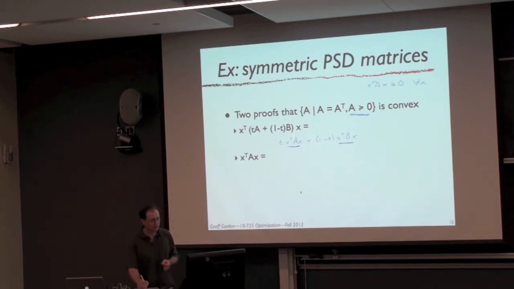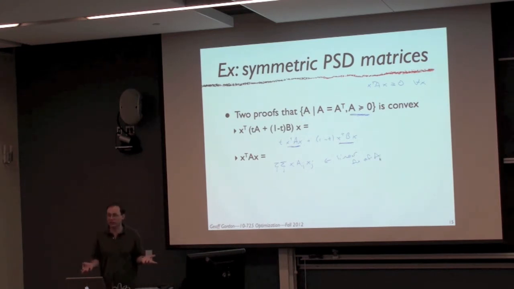The other, which I think is perhaps even cooler, is I'm going to rewrite x transpose Ax. If I write out the matrix multiplications, this is the sum over all coordinates i, sum over all coordinates j, of xi times aij times xj, right? And if you look at this, this is a linear function of A for a fixed x, right?